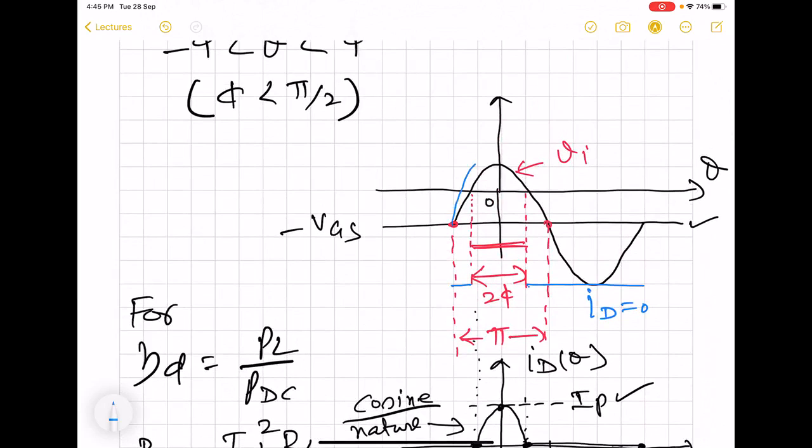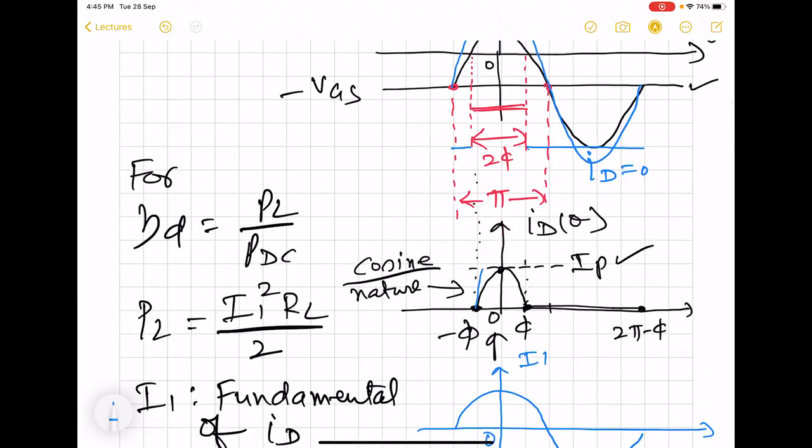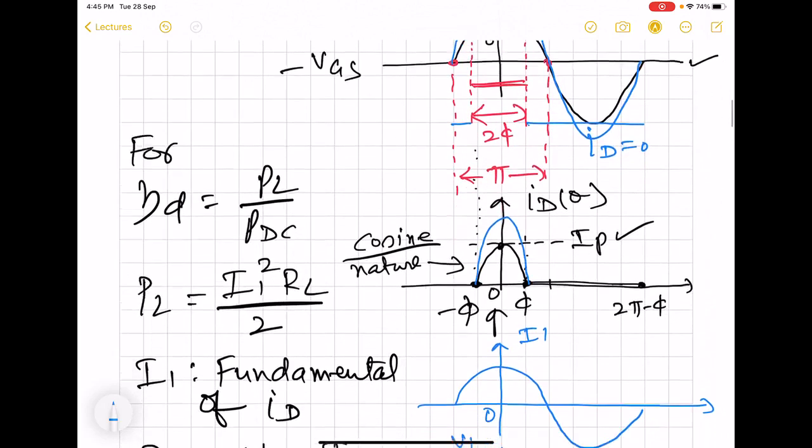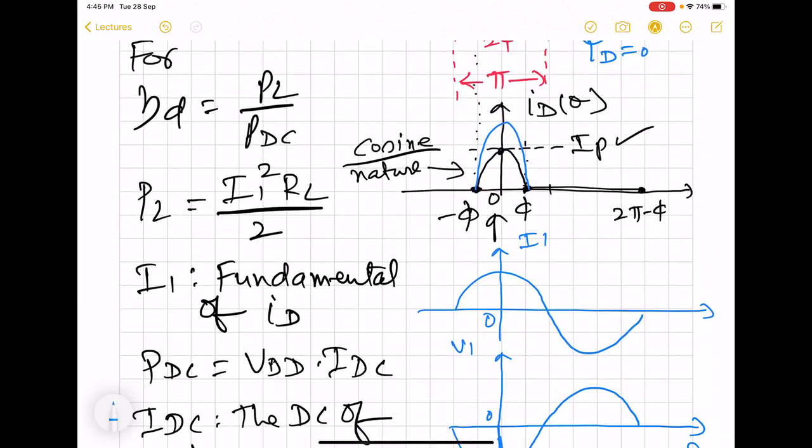So when we increase the input, then we get the more drain current. And when we get the more drain current with the larger IP, so now we have IP dash, which is greater than IP. So we are now going to get a larger fundamental.